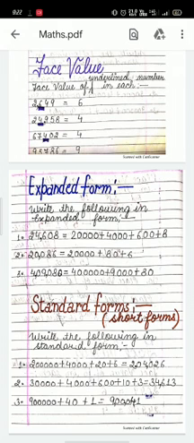Next example is 67,402. Here 4 is underlined and the face value of 4 is 4 only. Next, 95,786. Here the 9 is underlined. It's not clear here, but 9 is underlined, so the face value of 9 is 9 only.